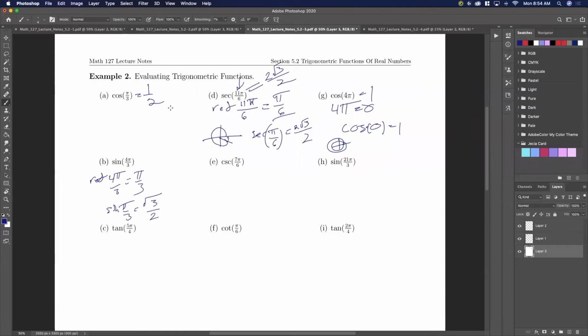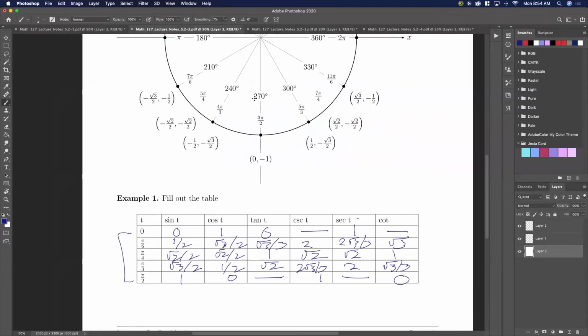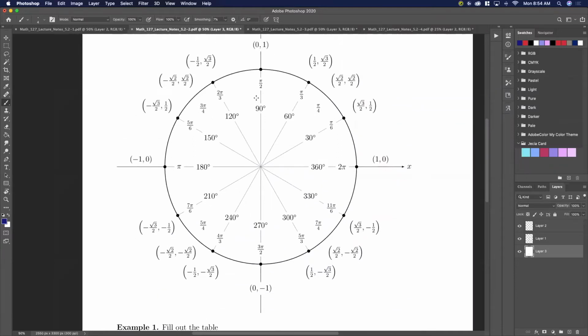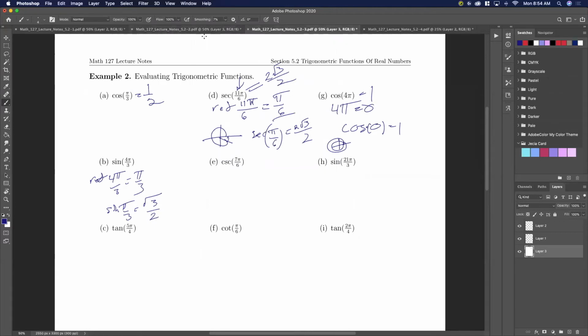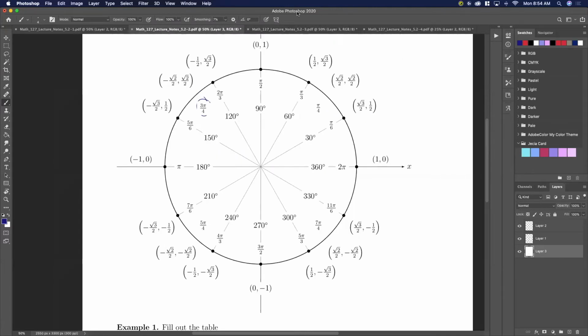However, notice that pi over 3, or 4 pi over 3, oops, did I say this backwards? 4 pi over 3. Sorry, wrong one. Dyslexia got me. I was like, that's not right.